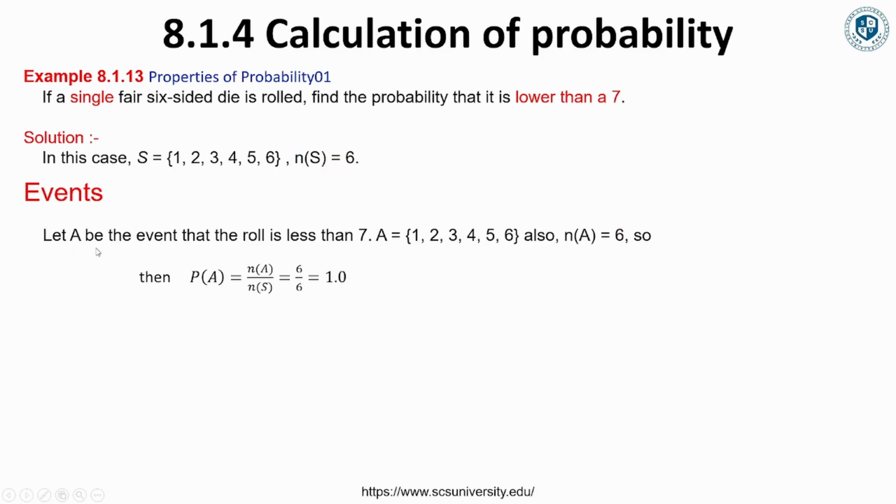Let A be the event that the roll is less than 7. Therefore, event A is the set of 1, 2, 3, 4, 5, 6. This means the number of elements of A is 6. So probability of A is the number of elements of A divided by the number of elements of S, equals 6 divided by 6, which is equal to 1.0.